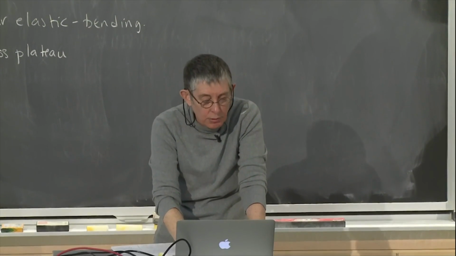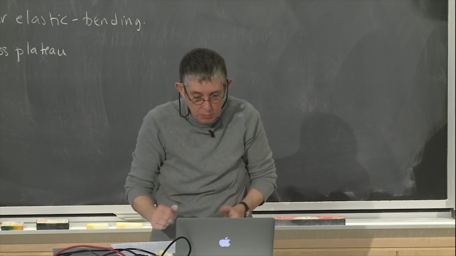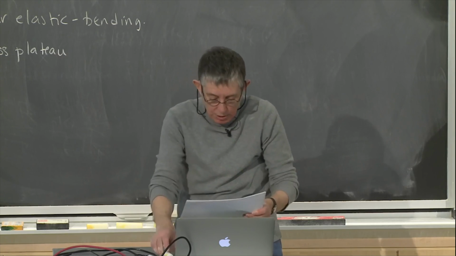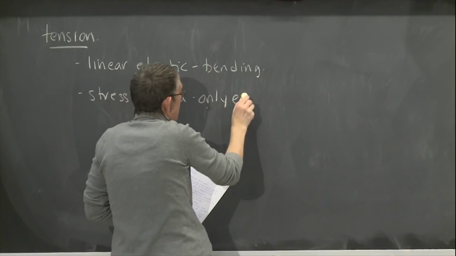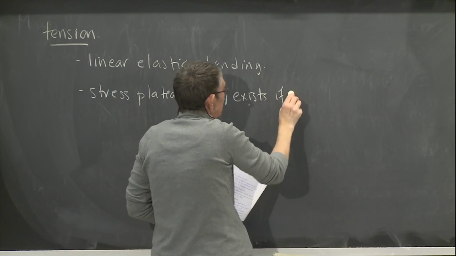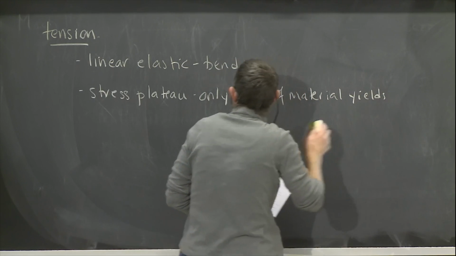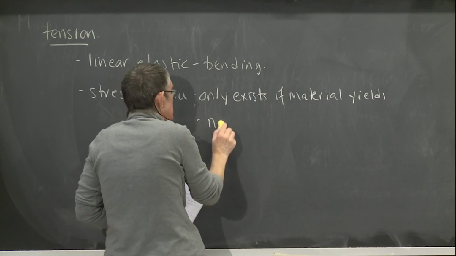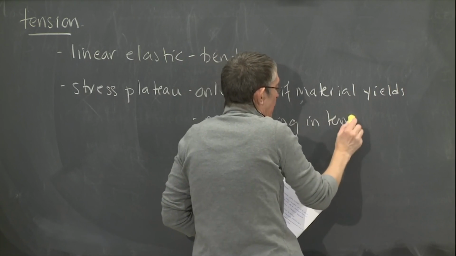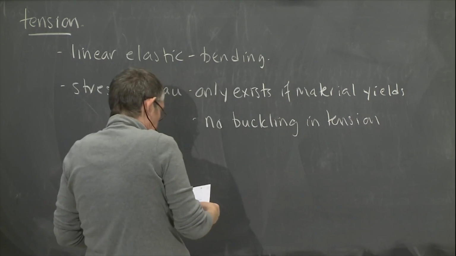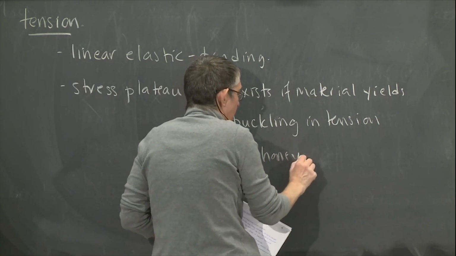And for a brittle material, like one of those brittle honeycombs, if you pull that in tension, you would just get a crack propagate and the thing would break into two pieces, and so you don't get a stress plateau there. So the stress plateau in tension only exists if the material yields. So you don't get any buckling in tension, and for a brittle honeycomb, you would just get fracture.